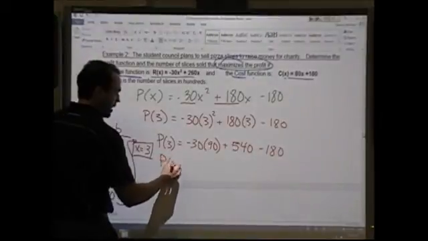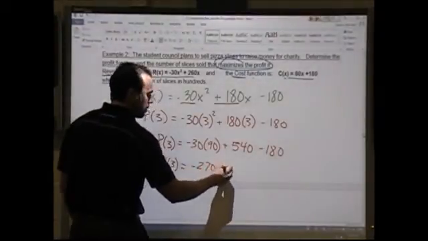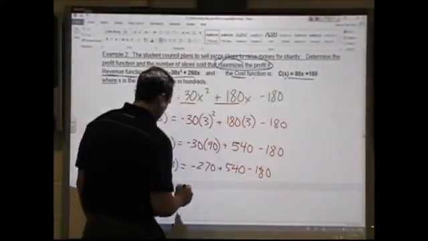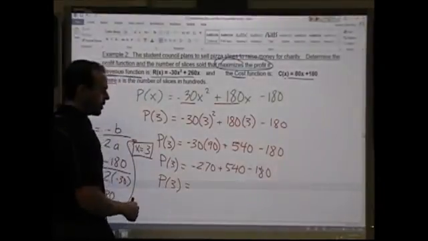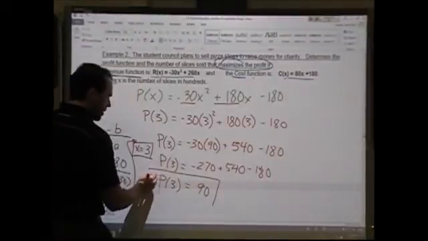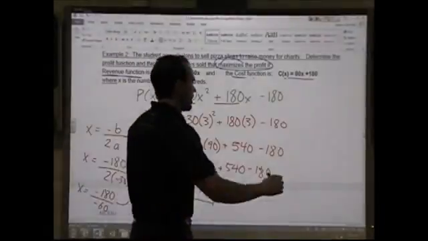So the profit at x equals 3 is going to be equal to negative 270 plus 540 minus 180. And so the profit at x equals 3 is equal to 270 minus 180 is 90. So the maximum, or the vertex over here, is (3, 90).